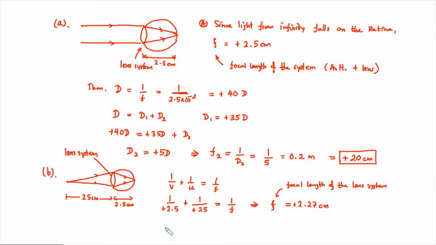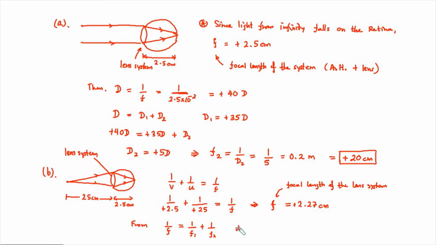Now, in order to find the focal length of the eye lens for part B, I'm going to use the composite lens equation. So from 1 over F equals 1 over F1 plus 1 over F2, I can solve for F1 in this particular case.